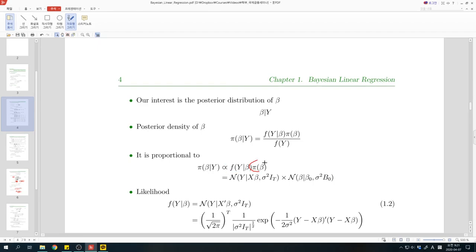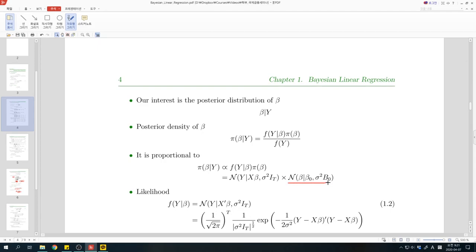This is the prior for beta. And this is your belief about how y is generated. Suppose y is still generated from this normal distribution. Now suppose you believe that beta is generated from a t distribution or chi-square distribution rather than this normal distribution.